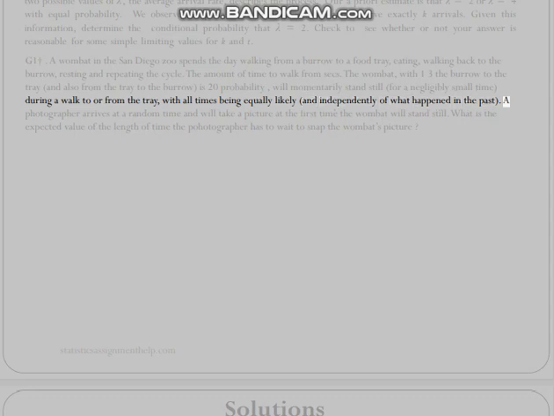A photographer arrives at a random time, and will take a picture at the first time the wombat stands still. What is the expected value of the length of time the photographer has to wait to snap the wombat's picture?